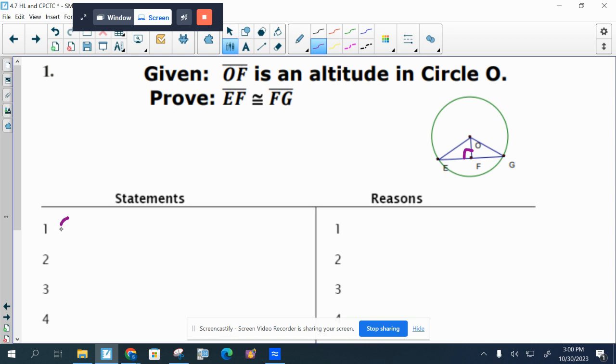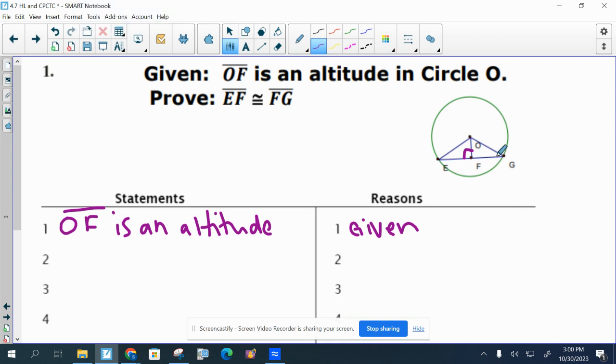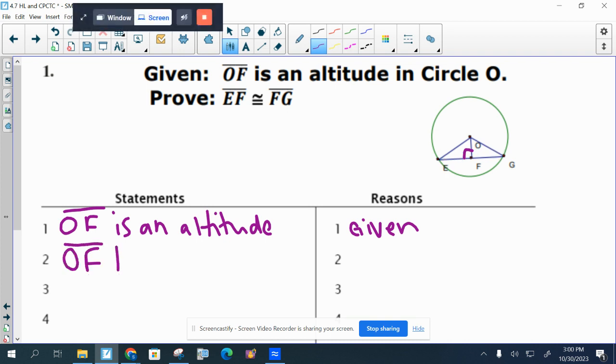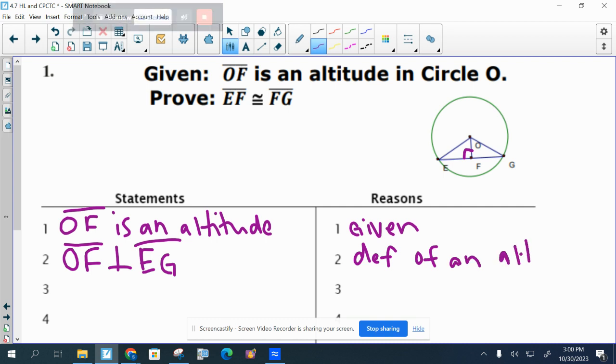So let's first start off by saying that given OF is an altitude. And then we can say that OF is perpendicular to EG. That's the definition of an altitude.